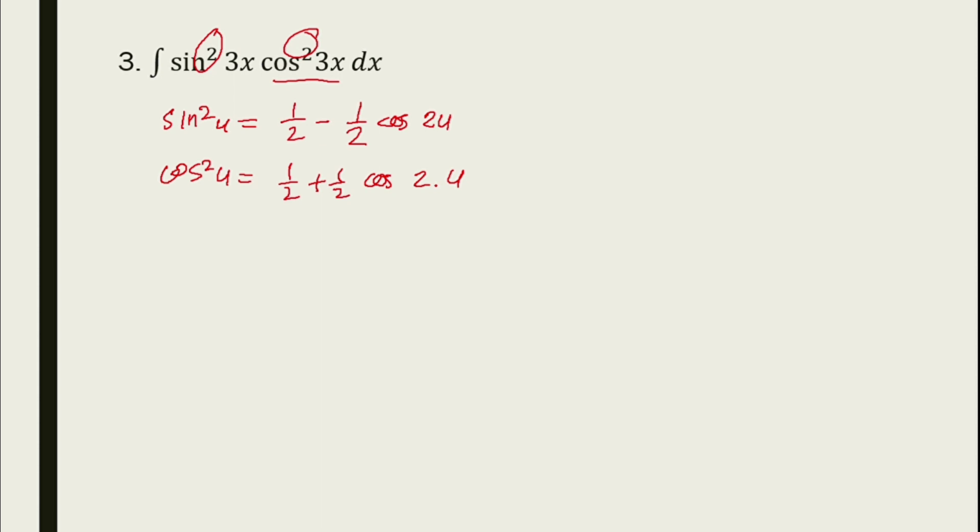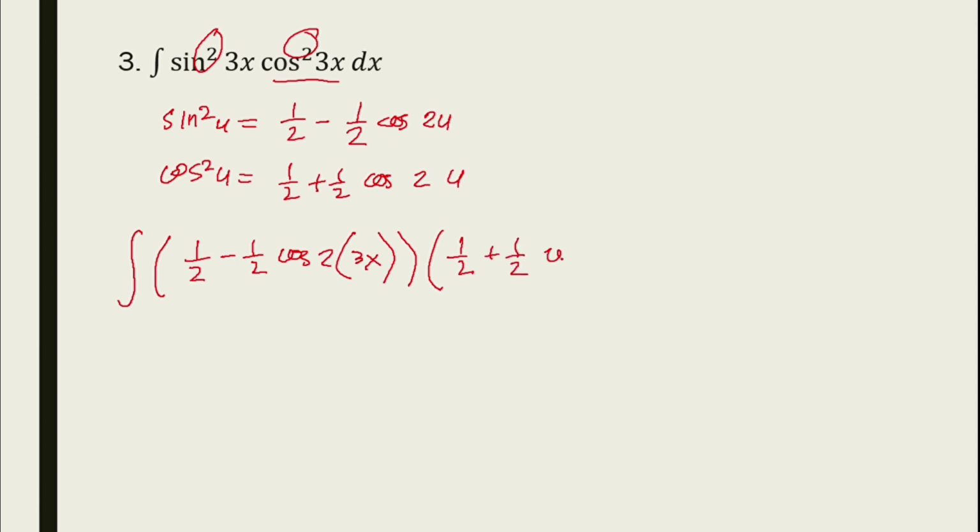So we have now to integrate this part. The integral of sine squared: we substitute 1/2 minus 1/2 cosine of 2 times our u, which is 3x, then multiply it by cos squared, 1/2 plus 1/2 cosine of 2 times 3x, dx.